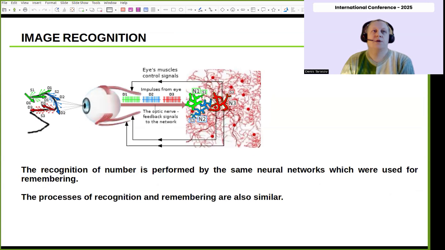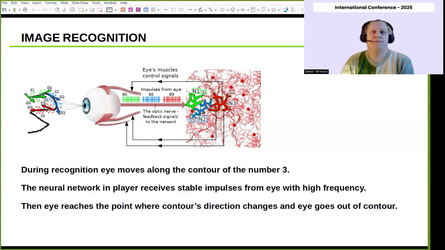The next slide is image recognition. The recognition of a number is performed by the same neural networks which were used for remembering. The processes of recognition and remembering are also similar. During recognition, the eye moves along the contour of number 3. The neural network player receives stable impulses from the eye with high frequency.